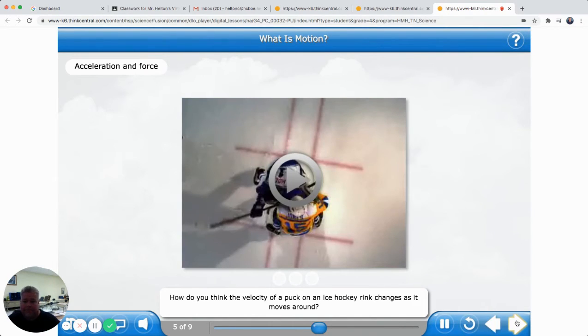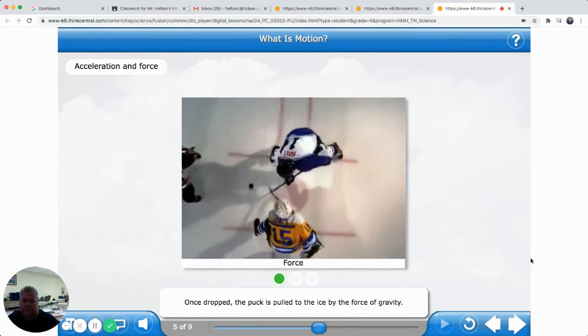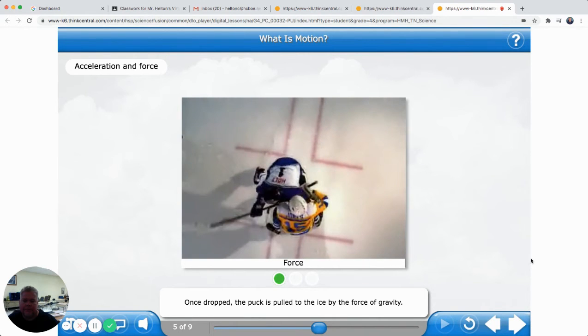How do you think the velocity of a puck on an ice hockey rink changes as it moves around? Click the play button to begin. Once dropped, the puck is pulled to the ice by the force of gravity. Each hockey stick exerts a force that pushes the puck.